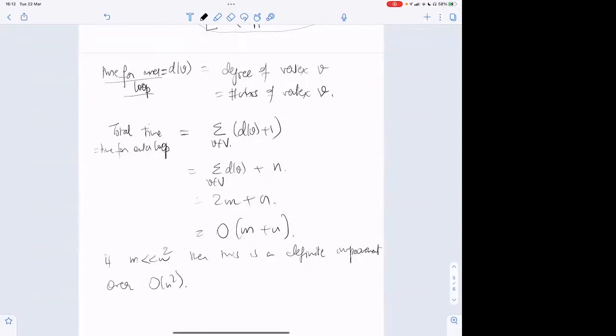For example, m could be linear in n. In planar graphs, it is linear, and so on. Many classes of graphs.